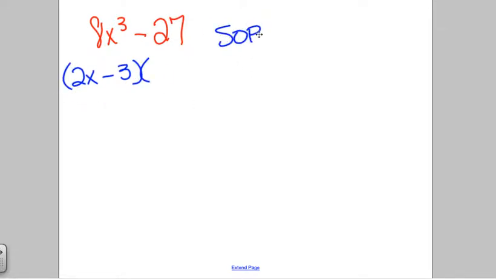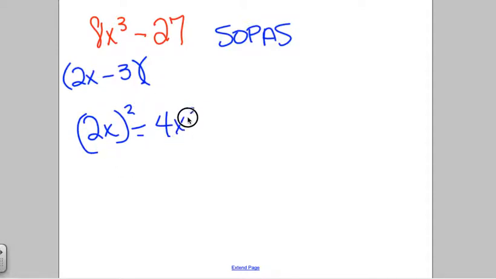Now I use SOPUS to give me that trinomial. So square the first. When I square this first term, this is 2x squared. So I have to square the 2 and square the x.